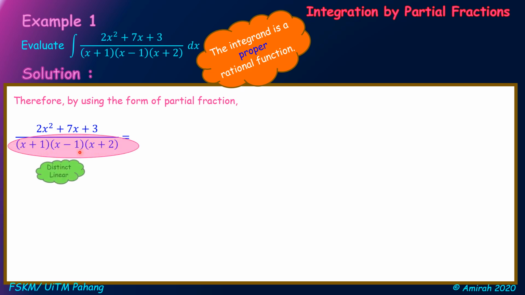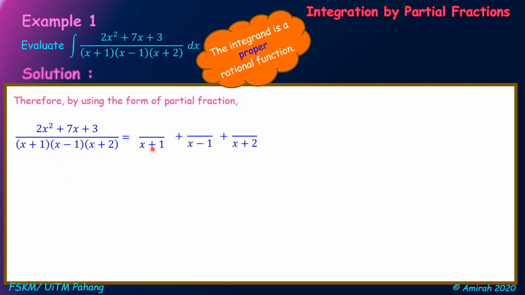From here, the denominator is a distinct linear factor, so we can write it into 3 partial fractions, because from the given denominator we have 3 linear factors.